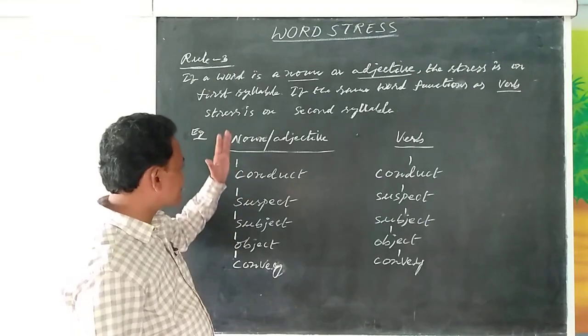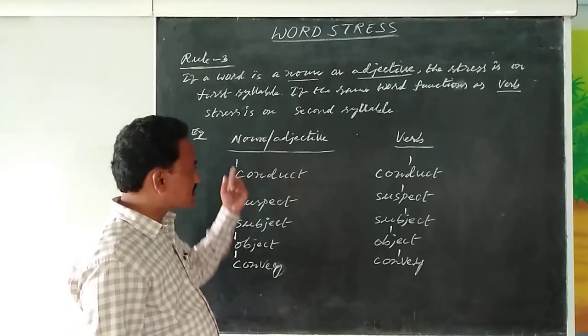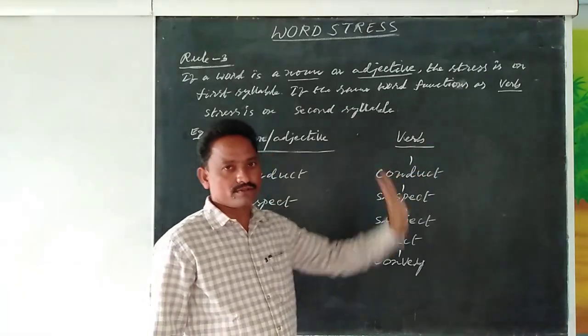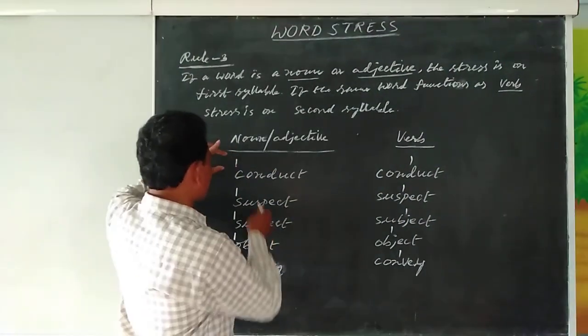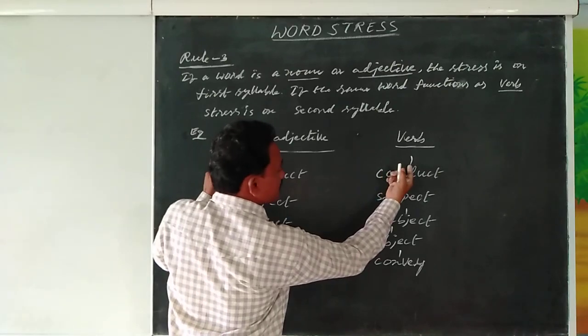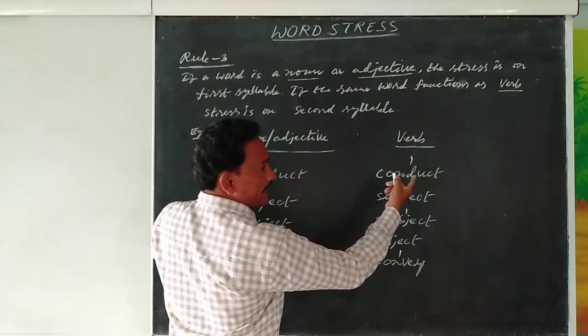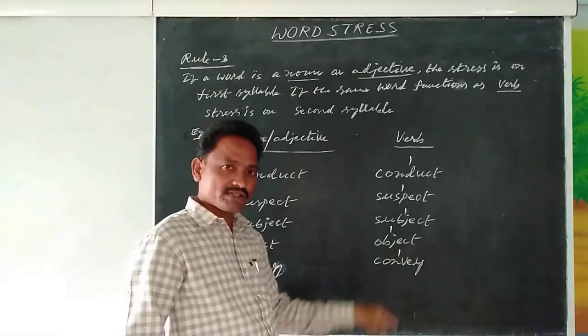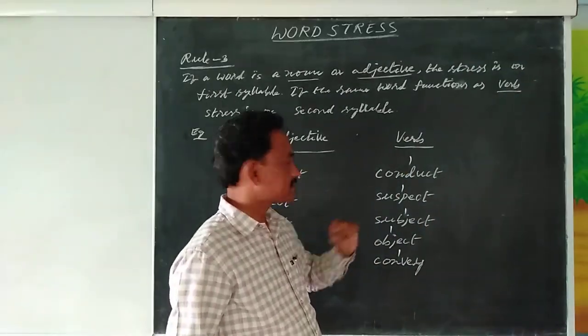But here the stress is shifted to the second syllable when the words are verbs. The first stress placement is shifted to the second syllable. Why? The function of the word is different. This is a verb.